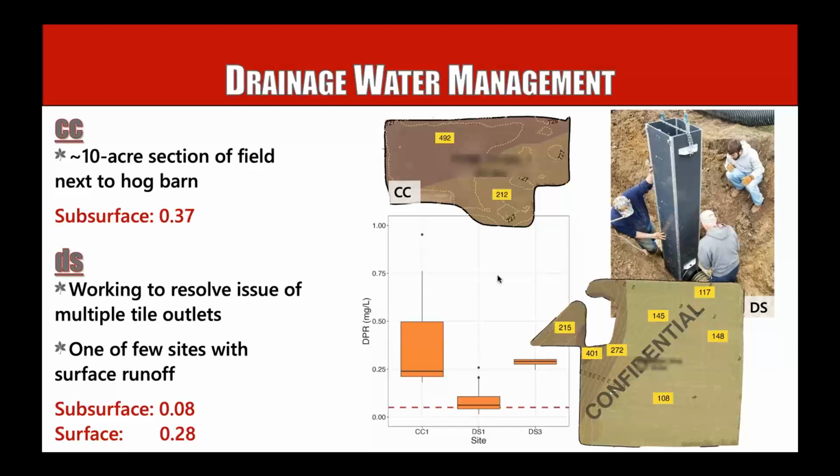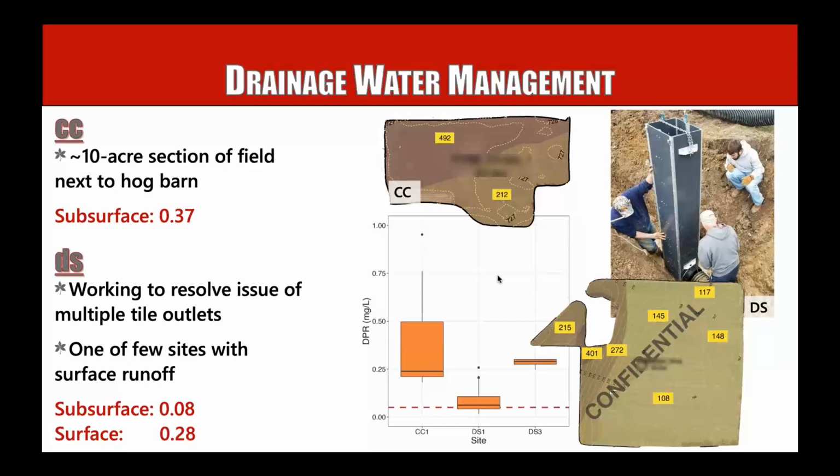So you can see that field CC, we have concentrations coming out of that field right now that are well above that, between 0.25 and 0.5. Our site DS, the drainage water, that's the middle bar there. That's also a bit above the 0.05. And then the surface water, we have much less samples, but you see that's a 0.28, so that's well above that limit.